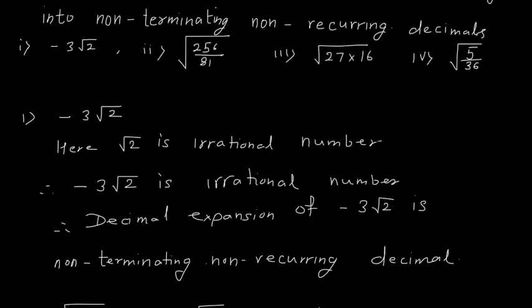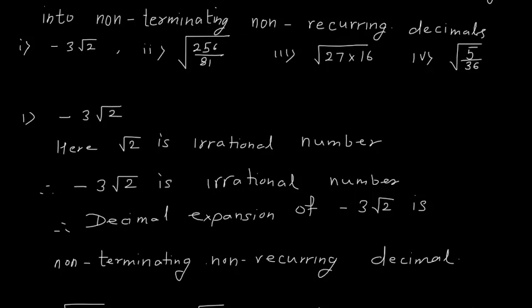Now this root 27 into 16: 27 can be written as 9 into 3 and square root of 9 is 3, so I can take that out. Square root of 16 is 4, so 3 and 4 I will take out, 3 fours are 12, so I will get 12 root 3, and as root 3 is an irrational number, 12 root 3 is also an irrational number, and hence again its decimal expansion is non-terminating, non-recurring.